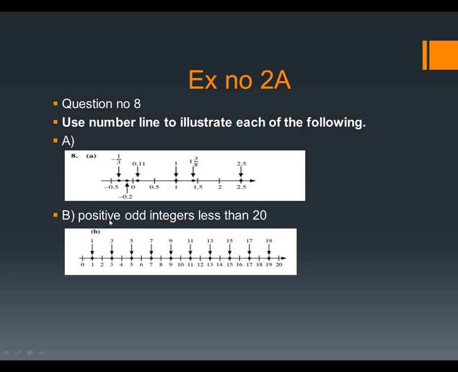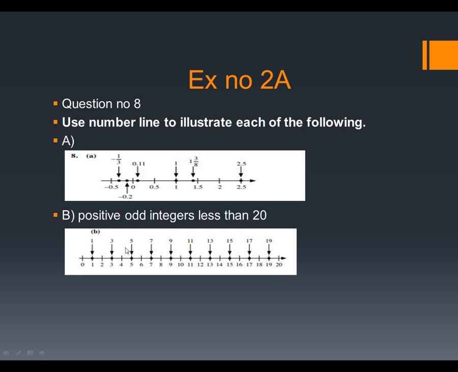The second question is positive odd integers less than 20. Positive means 0 and the negative numbers are not included, and less than 20 means 20 is not included. If it were less than or equal to 20, then 20 would be included, but now 20 is not included.